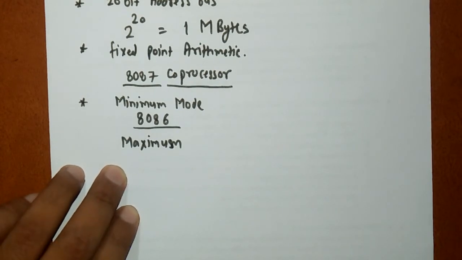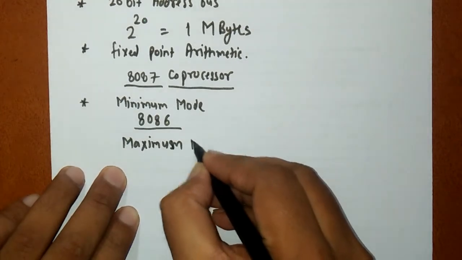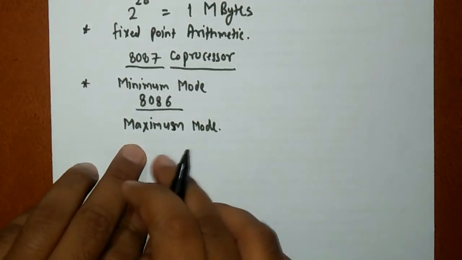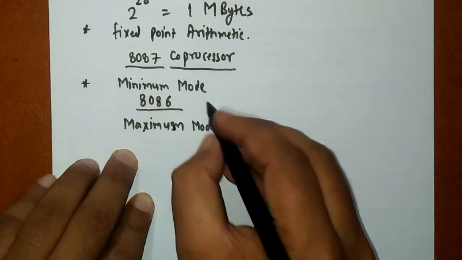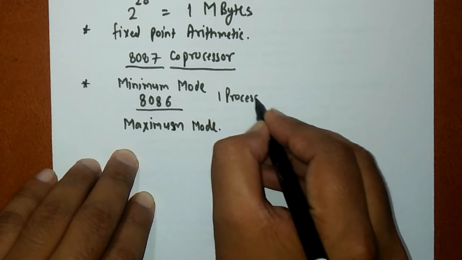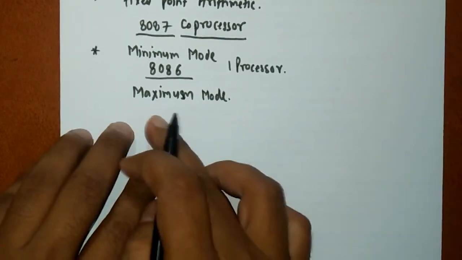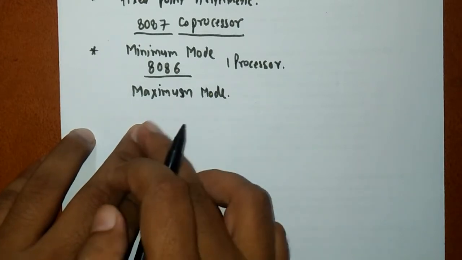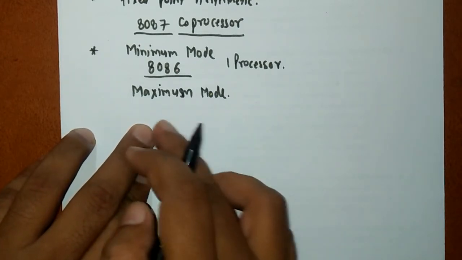So what we understand here, for minimum mode there will be only one processor, that means only 8086 will be there, and for maximum mode there will be 8086 along with 8087, that means it will be a multi-processor environment.